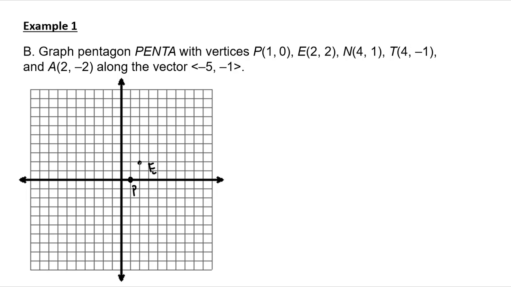I have the point 4, 1. T is 4, -1. And then A, which is 1, -2.